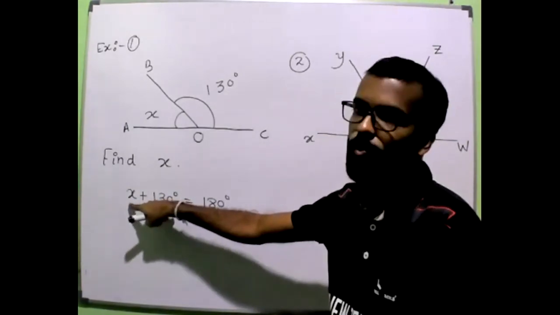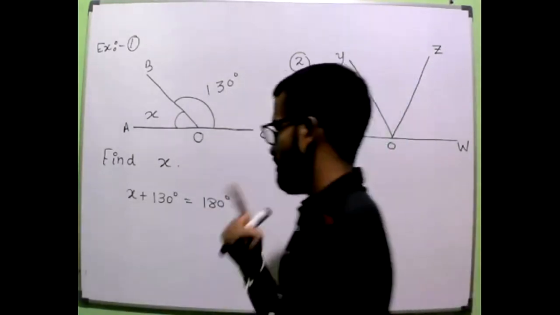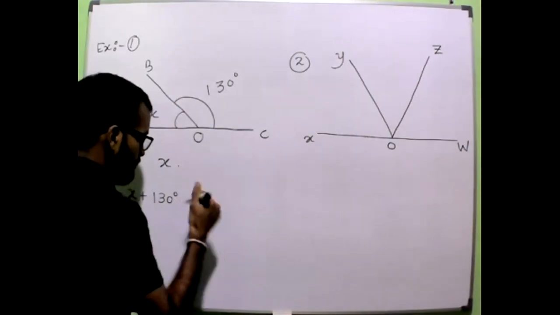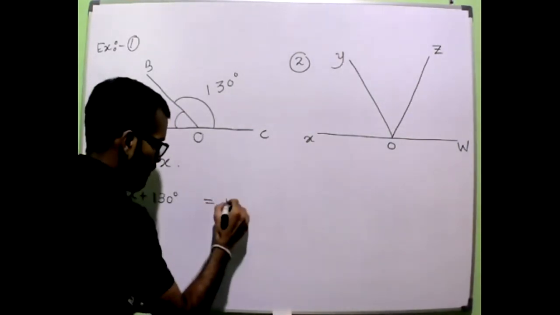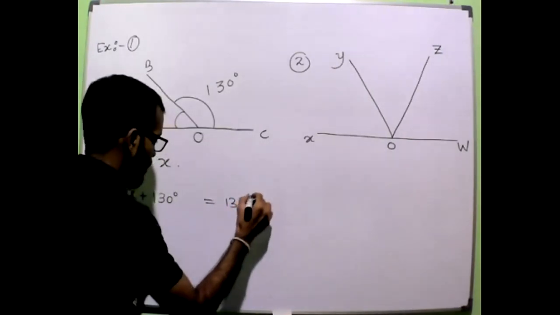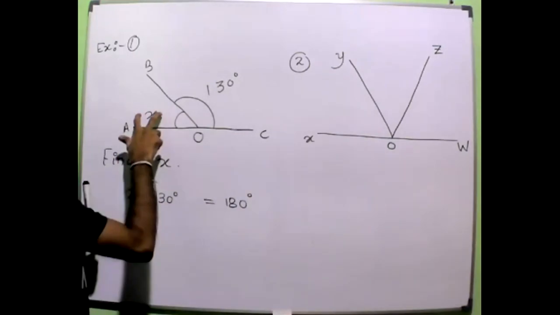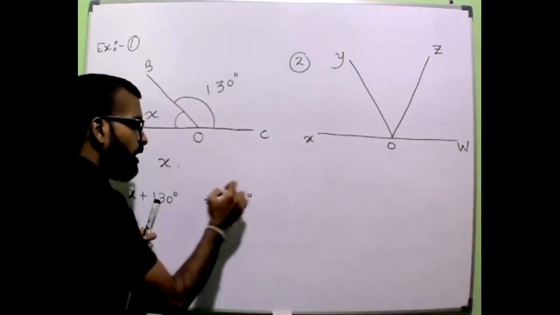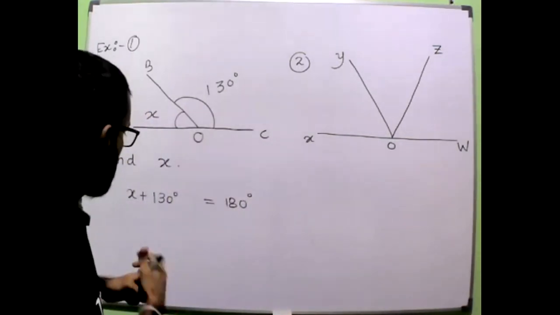I will tell you, don't write that yet. If you add X plus 130, it should be equal to 180 because AOC is a straight line, right?